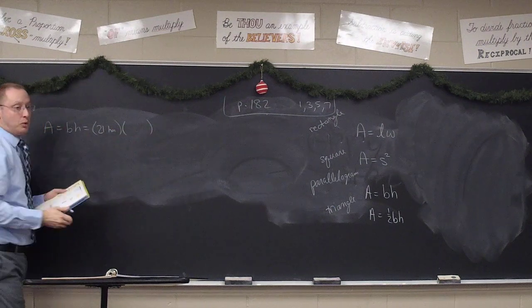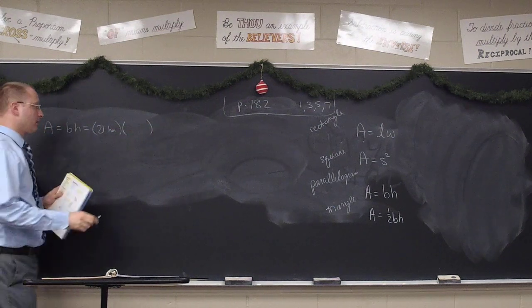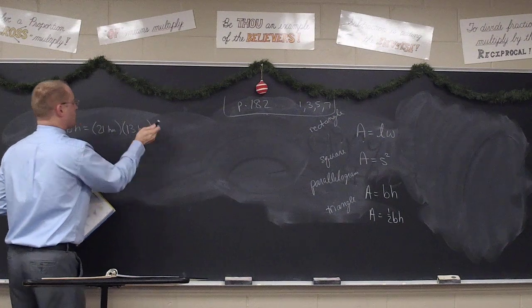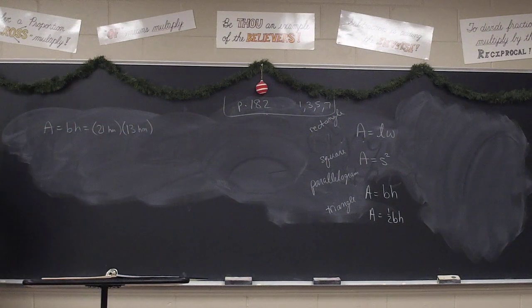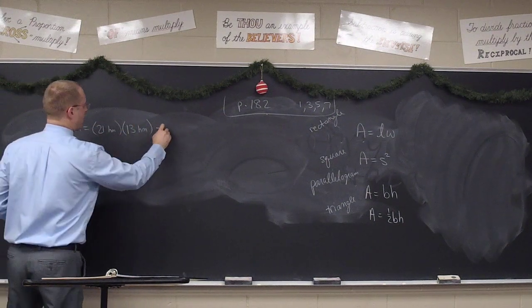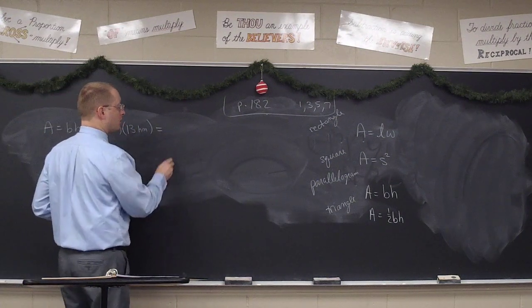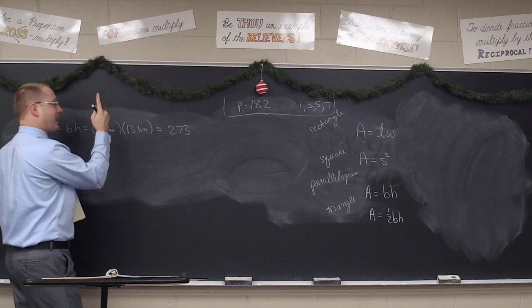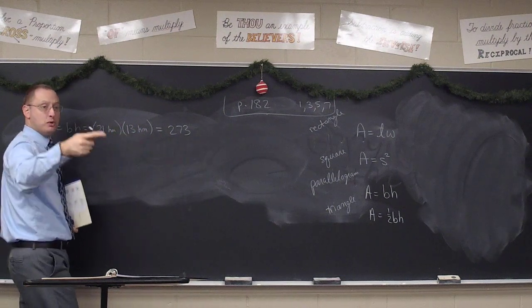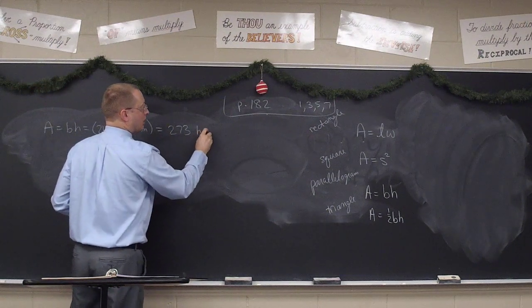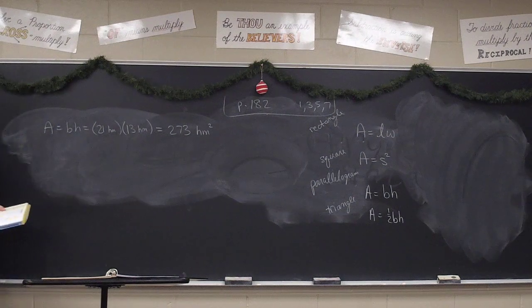And in for the height or altitude, we're going to plug in, Bryson? 13. And since these are up against each other, class, we've got to multiply. So all we have to do is multiply 21 times 13. What do we get, Luciana? 273. And we're multiplying hectometers times hectometers, so my unit is? Hectometers squared. There we go. How many had 273 hectometers squared for number one?